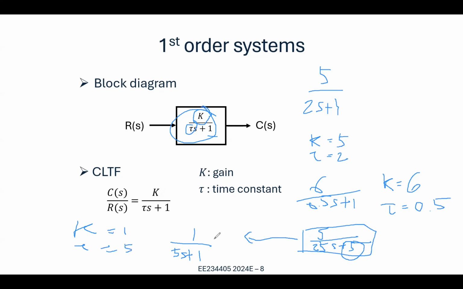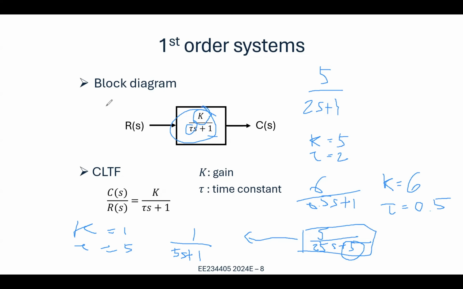Okay, so I hope that's clear, right? If we have this kind of form, then we have to conform to this form. The purpose here is to make our analysis easier.